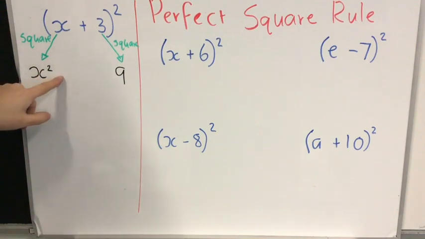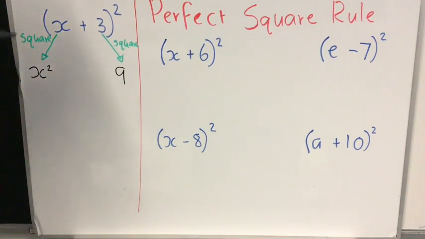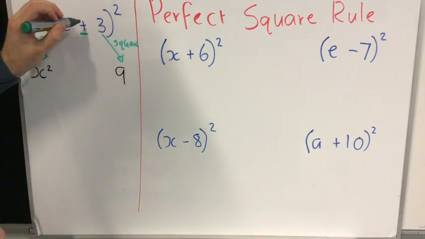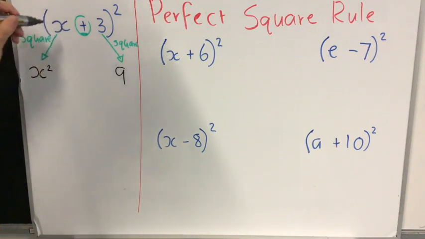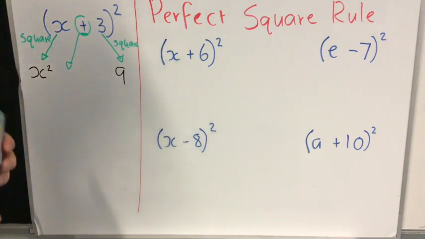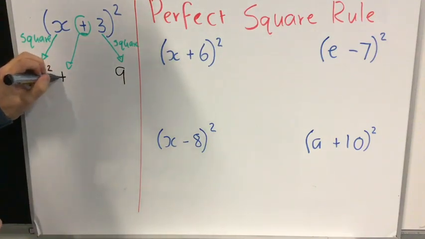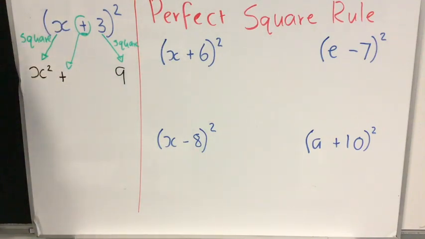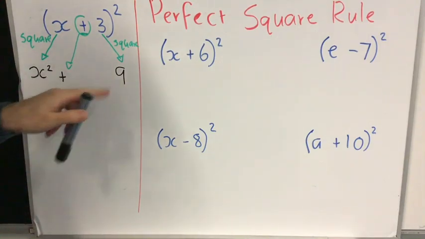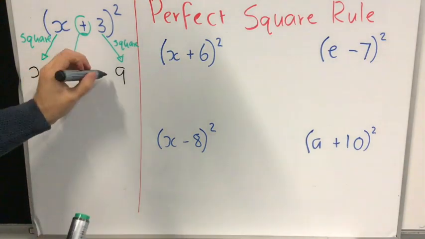After here, you need to decide whether to put a plus or a minus. Whatever it is in the brackets, whatever that is there, that is what you put down here. So you need to just make yourself a little note that whatever's in the brackets, that's what sign you put there, always. Then, over to this side here, in front of the 9, you have to decide whether to put a plus or a minus.